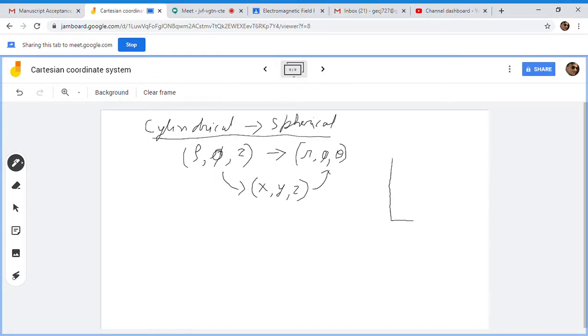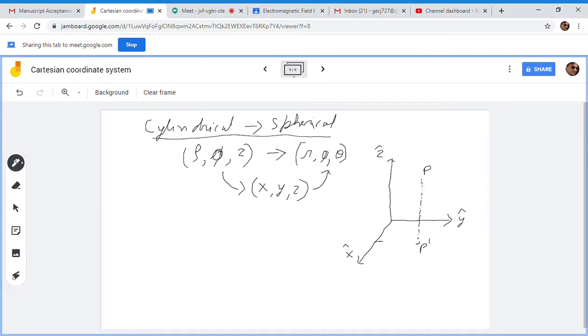Let us take the reference. Let us take a point P. Reflection of this point P onto your xy plane, sorry.